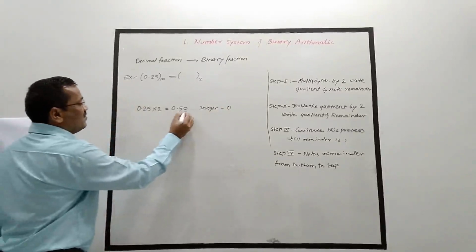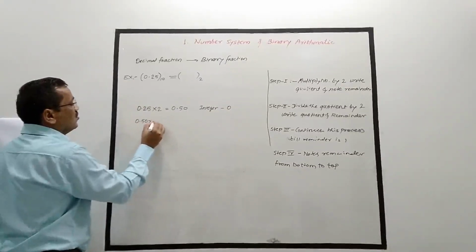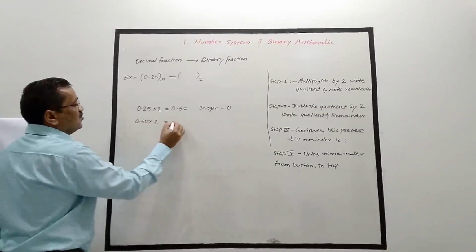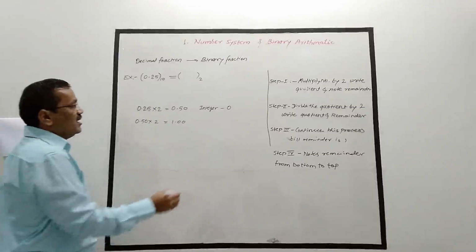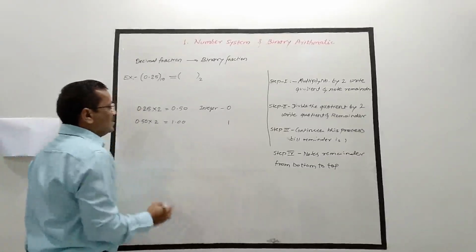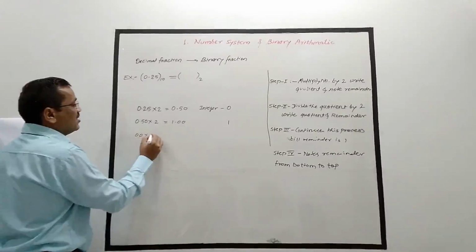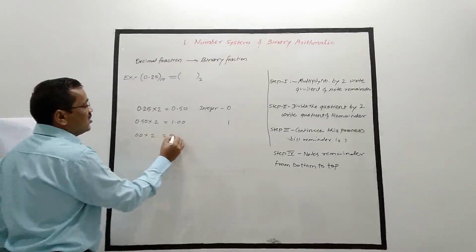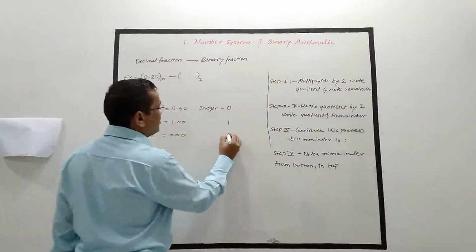Now this fraction part is again multiplied by 2. Now it is 1.00. Here the integer is 1 and the fraction part is 0.00. 0.00 multiplied by 2 is 0.00. So up to this it is enough.